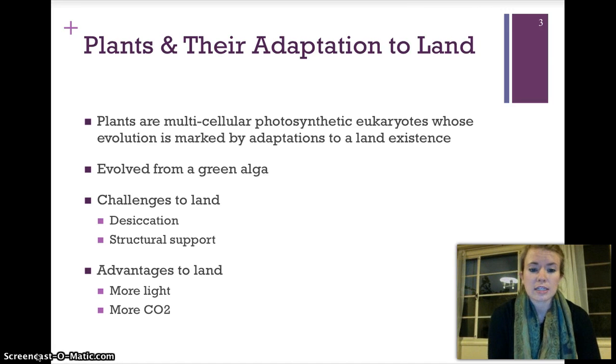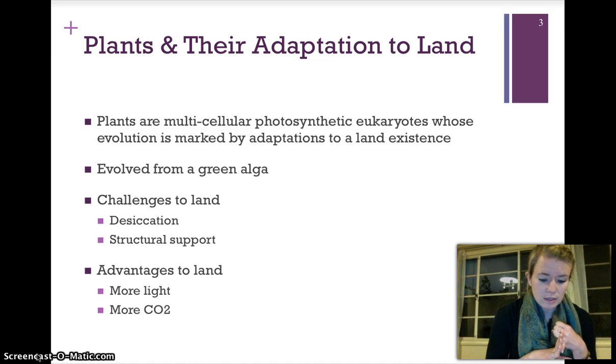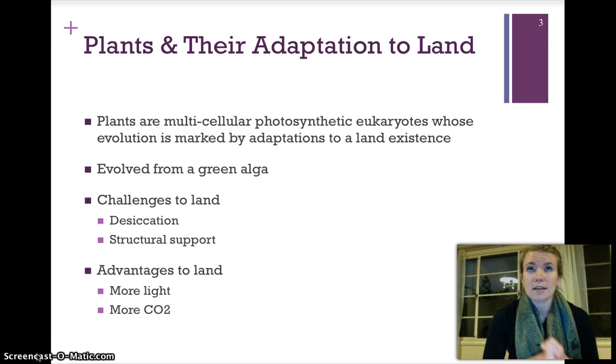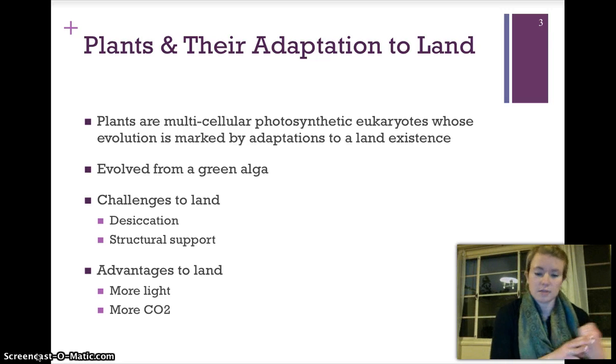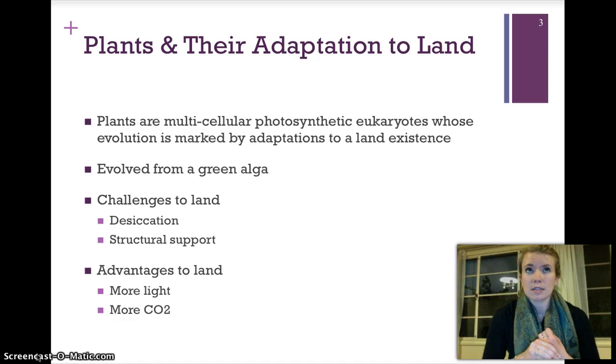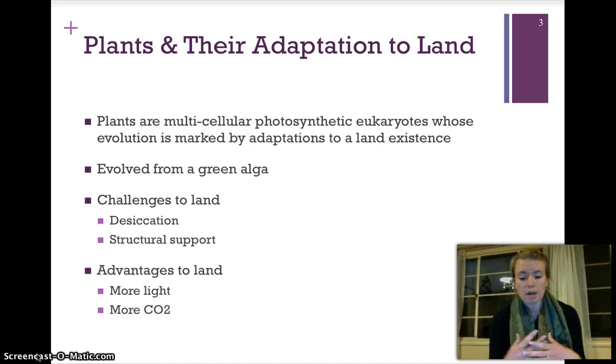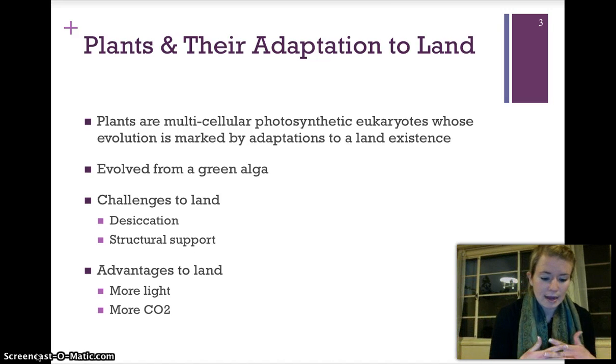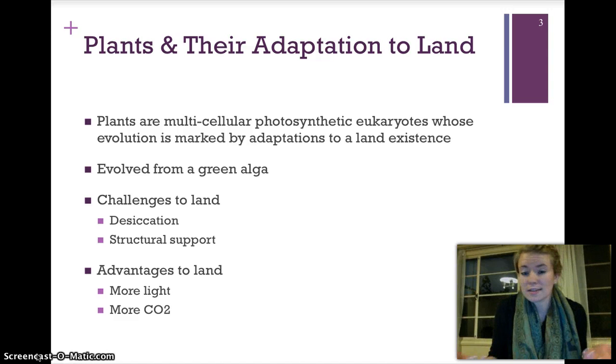Some challenges to land were, one, desiccation, meaning drying out. Plants constantly need water, right? As do we. But they are also constantly losing water because they have to have their pores open to let in carbon dioxide and everything like that. When you're in the water, that's not an issue.